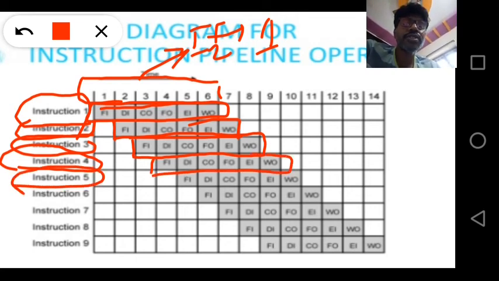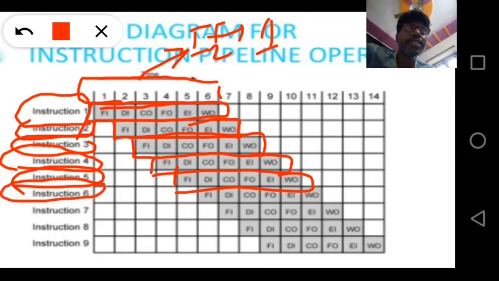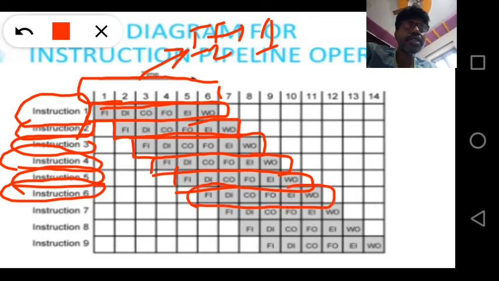And for instruction 5, comparing with the first instruction, when you are executing at the 5th stage of the first instruction, the 5th instruction is getting fetched. And finally 6, when you are writing results back, the sixth instruction will complete.